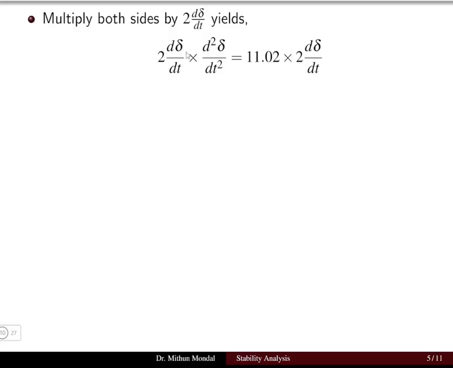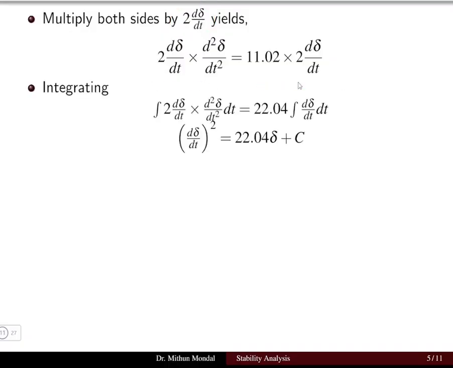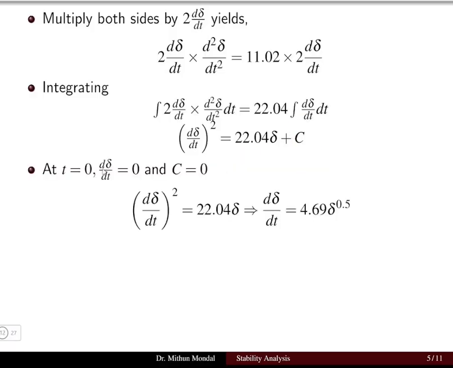So if you multiply that equation with 2 d delta by dt on both the LHS as well as the RHS, and then we integrate, we get (d delta by dt) square equal to 22.04 delta plus some constant. This constant we need to find using the boundary condition, which is that at time t equal to 0, d delta by dt will be equal to 0, and this gives the constant c equal to 0.